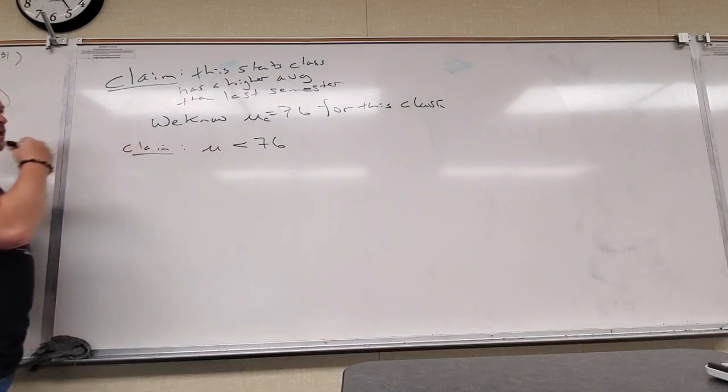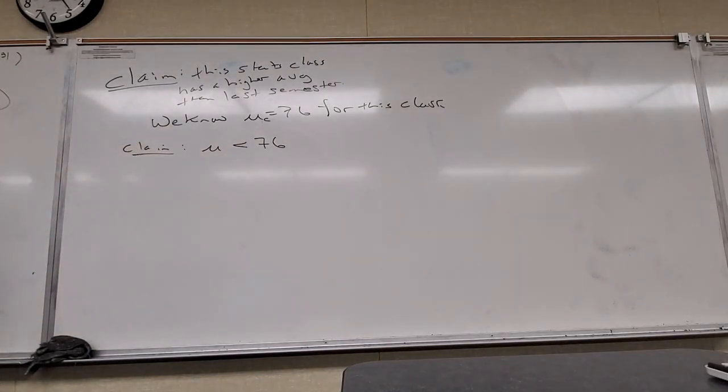What if somebody doesn't think so? What would theirs look like in Mathish? Theirs would be mu past is greater than or equal to. What's the opposite of this? Greater than or equal to.